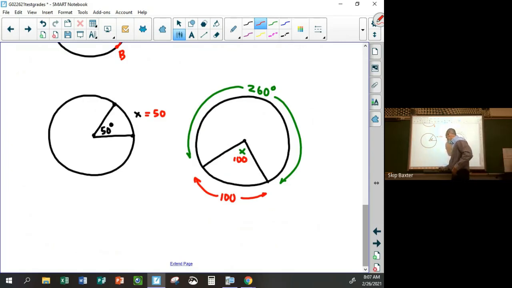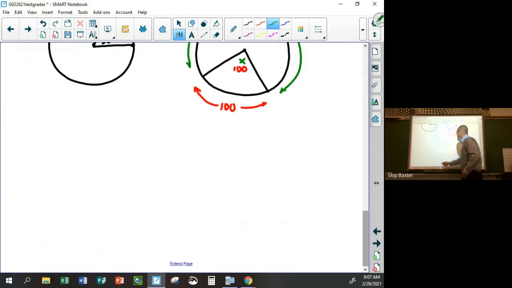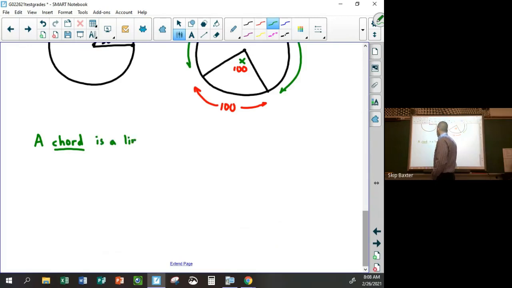Okay, another definition is a chord. This has nothing to do with music. I don't know why they call them both chords, but this is something different. A chord is a line segment connecting 2 points on a circle.